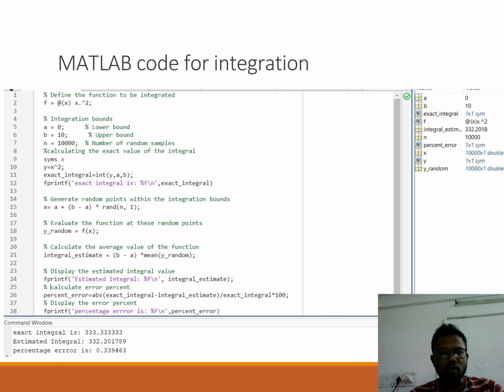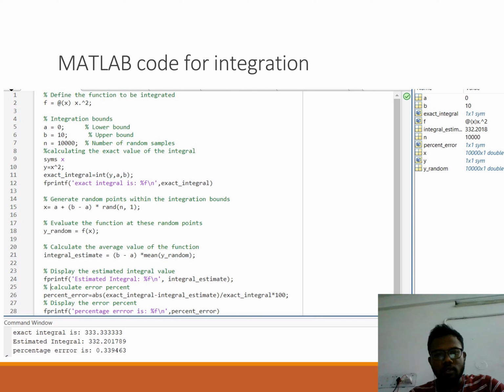The syms x means one dimension x is used. If we have to calculate a three-dimensional integration, then we use syms x y z. Here only one variable x is used, so syms x is defined.